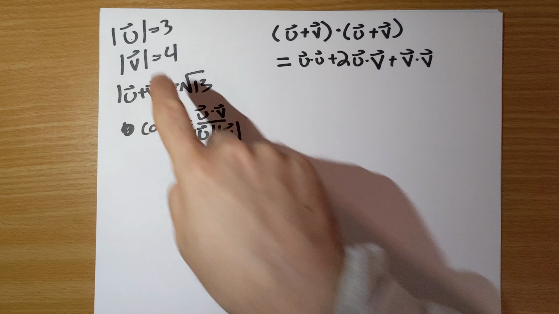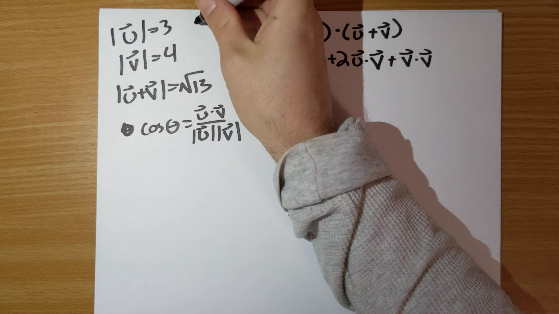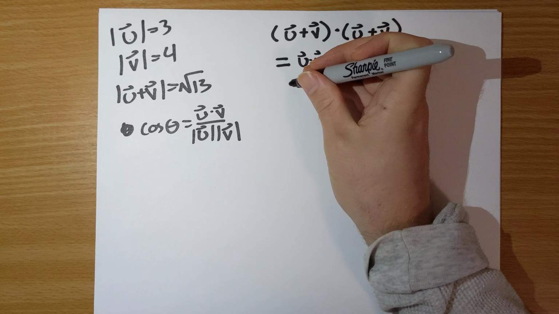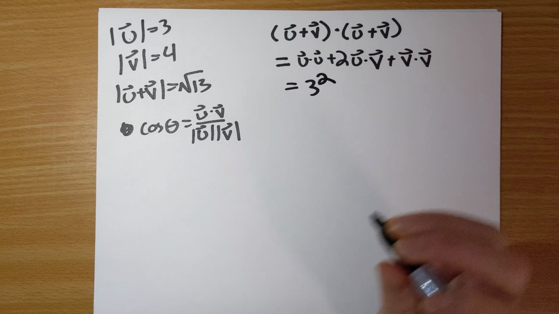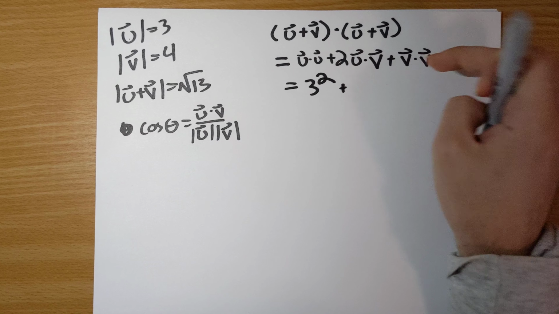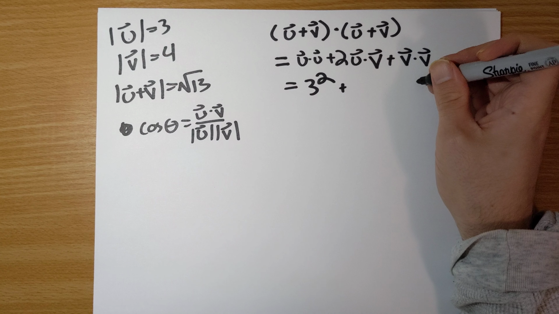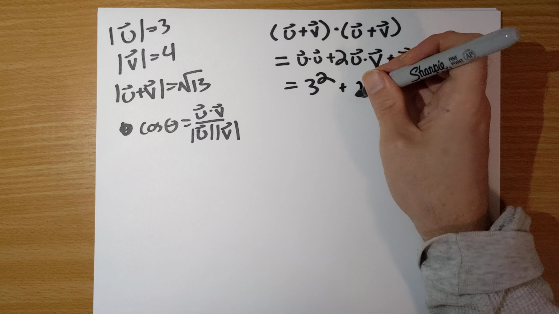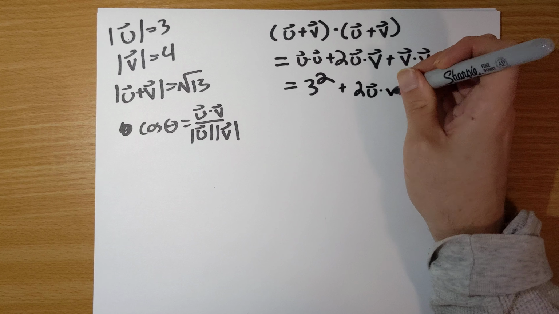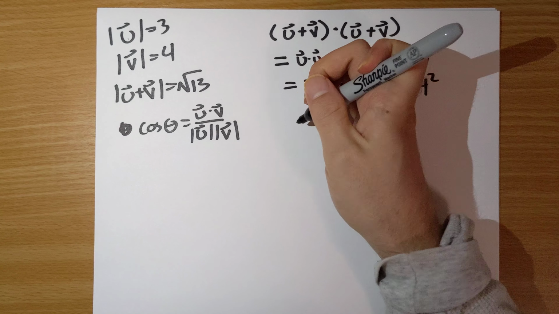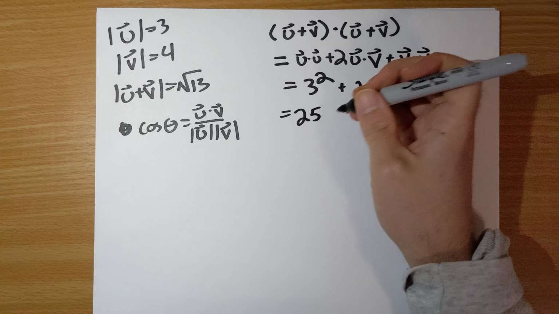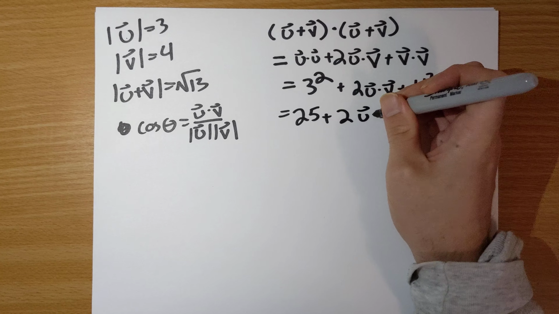Well, U dot U is the magnitude of U squared, so this is 3 squared. V dot V is the magnitude of V squared, so that's 4 squared. So this expression is 3 squared plus 2 U dot V plus 4 squared, which is 25 plus 2 U dot V.